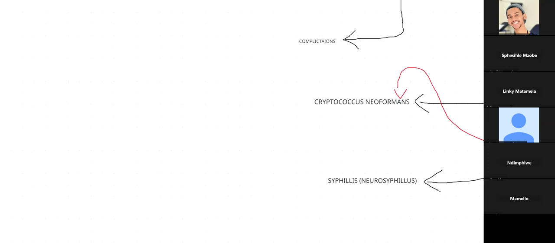So the risk factors for Cryptococcus, importantly, are in the HIV population. In terms of transmission, it's acquired from the environment, particularly soil contaminated with bird droppings.